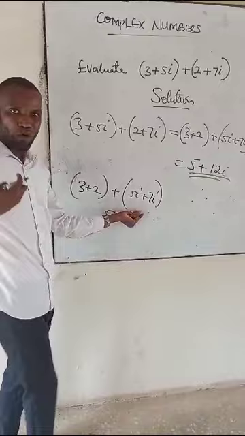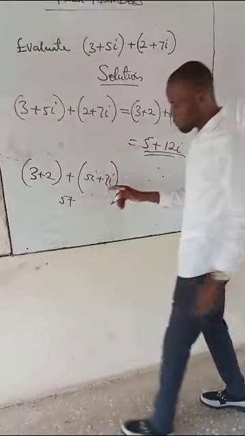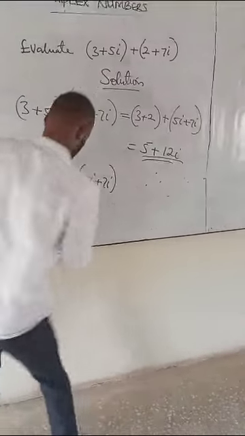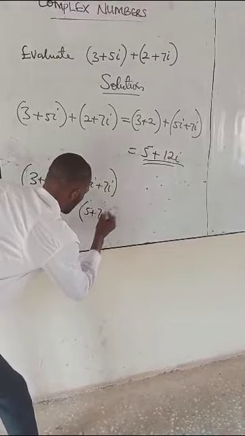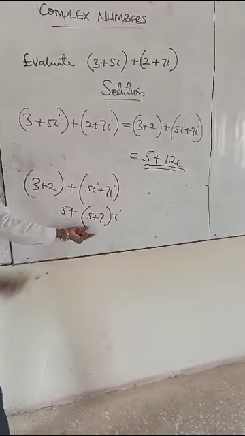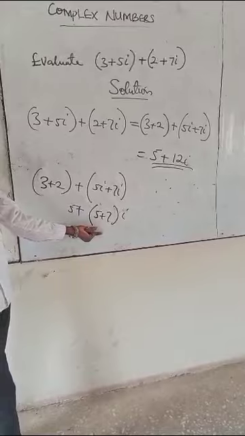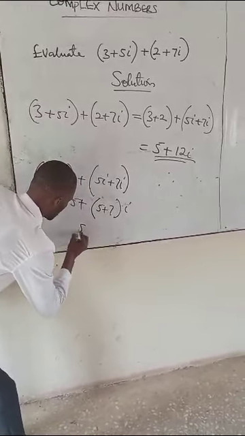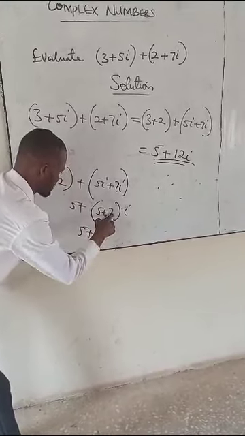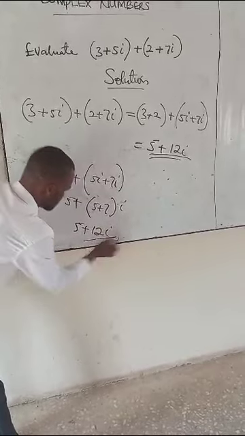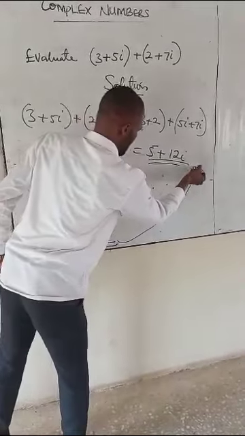If I bring out this common factor, I'm going to have something like this: 5 plus (5 plus 7)i. Then I will have my answer as 5 plus 12i, since 5 plus 7 gives us 12. So it is the same thing as what we have here.